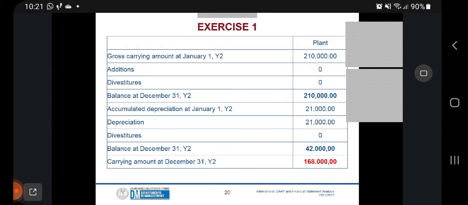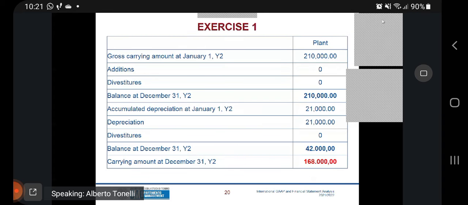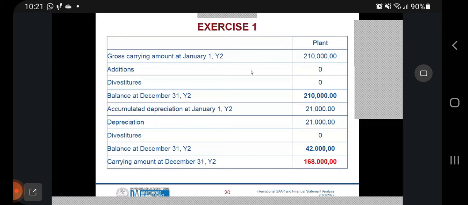Now we have to complete the table. This table is similar to the notes of financial statements, and first of all, the gross carrying amount obviously is equal to the historical cost of the plant, namely 210,000.